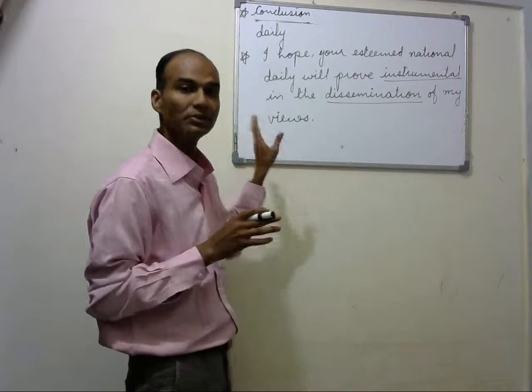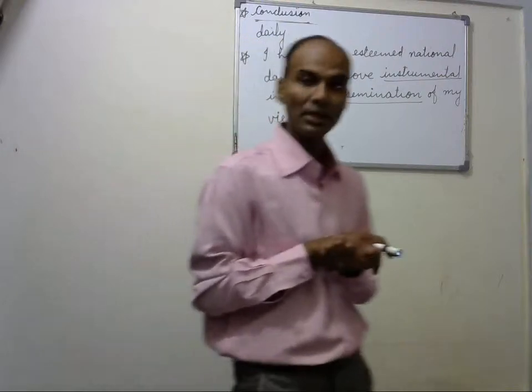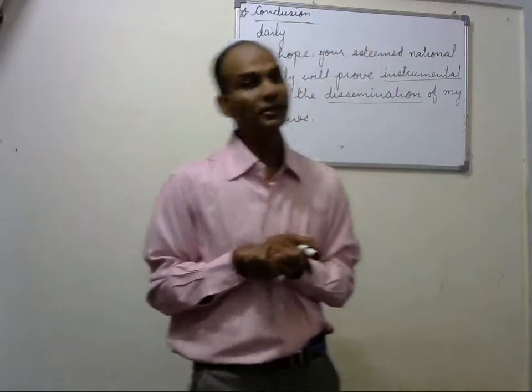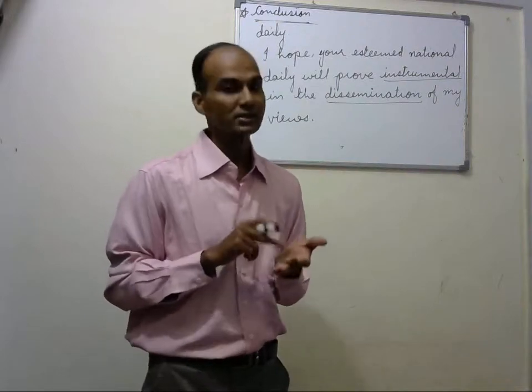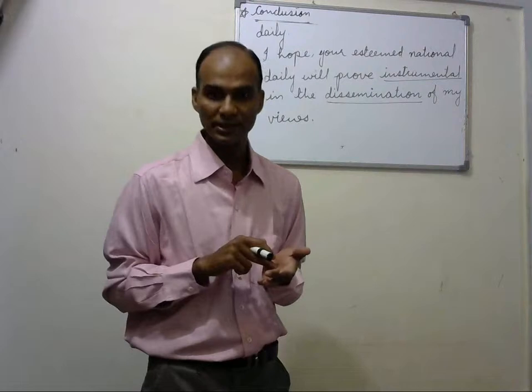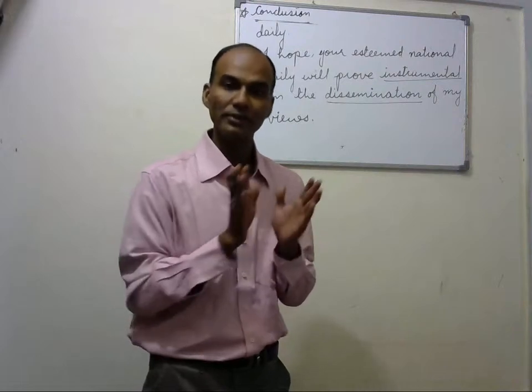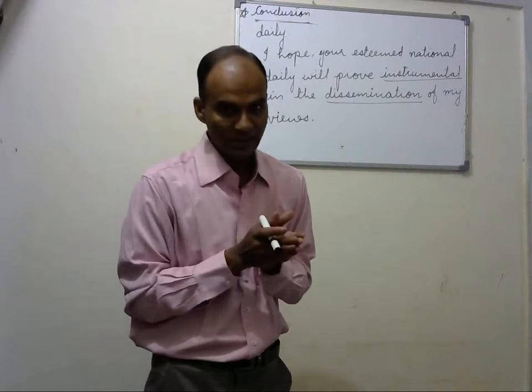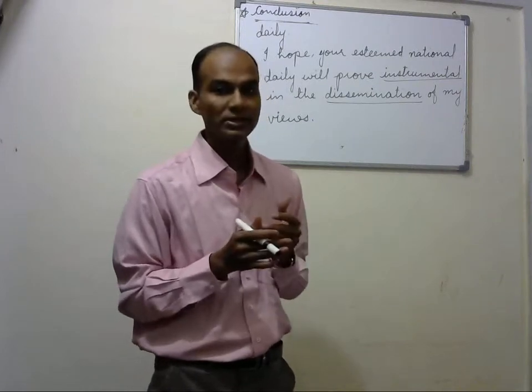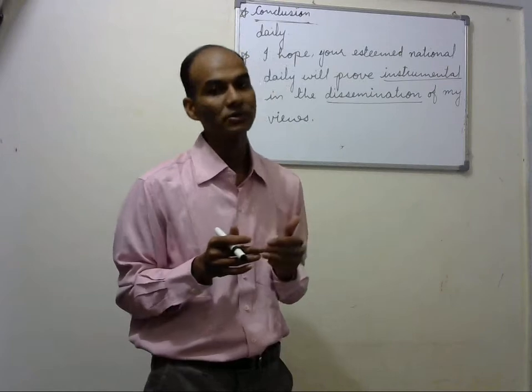Now, apart from these, you have informal letters as well, and we have discussed that in informal letters, the only difference is we don't write receiver's address and the subject. These two things are to be eliminated in informal letters. Now, here also we can discuss how to begin and how to end.